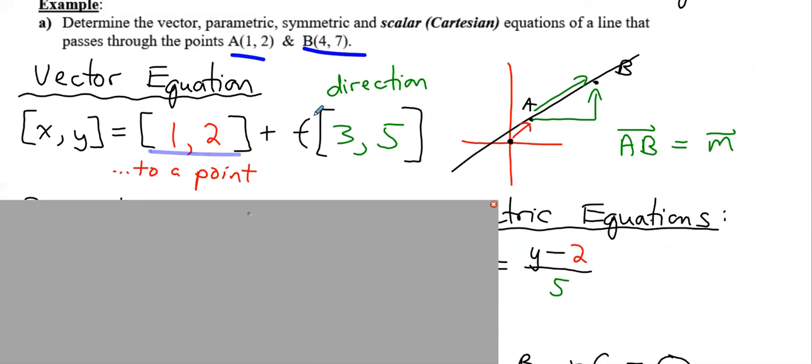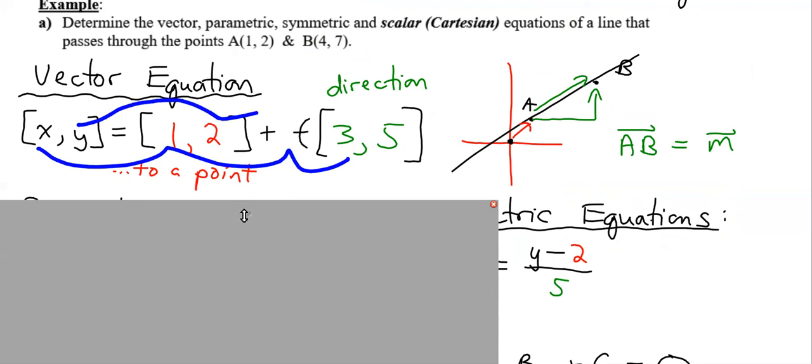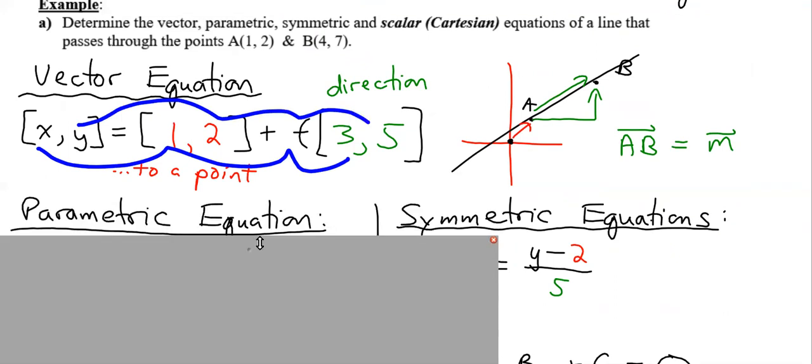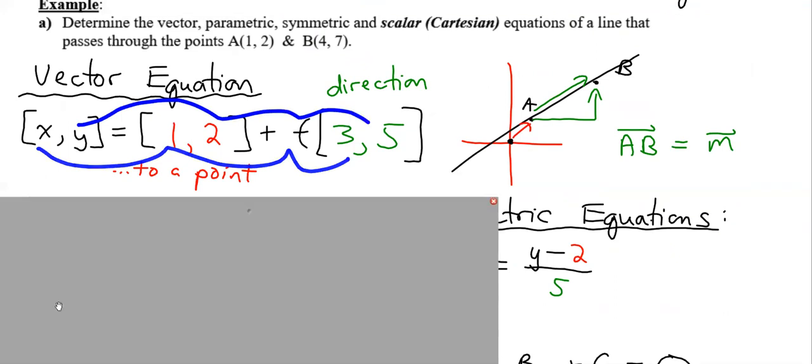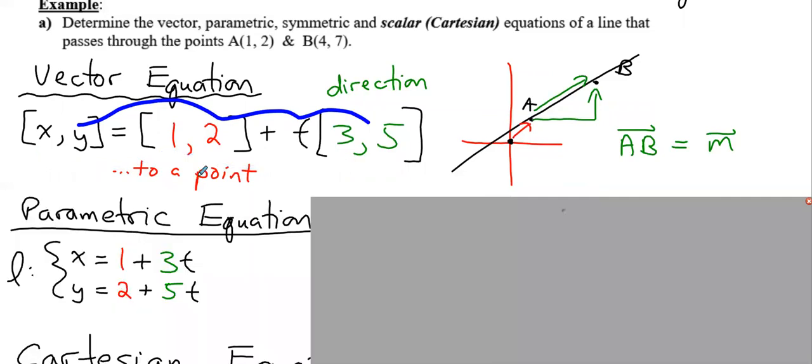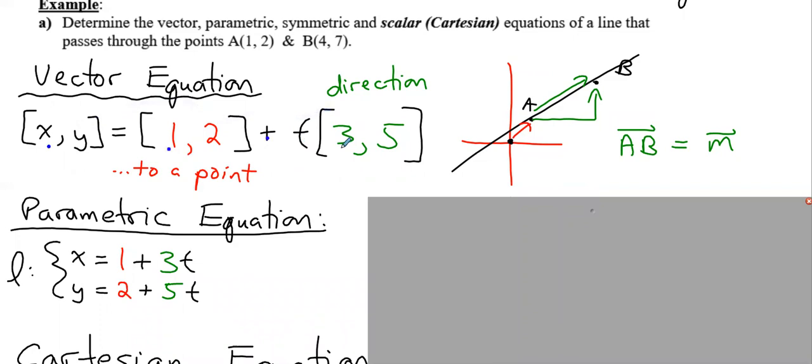Your symmetric equations, your parametric equations again come from just taking the x components and writing it out in a certain way, and then taking the y components and writing those out in a separate way. And that's what we have here. So x equals 1 plus t3, or 3t, and then y equals 2 plus t5, or 5t.